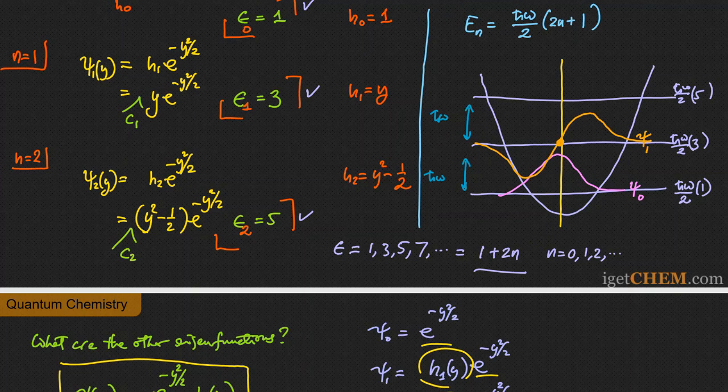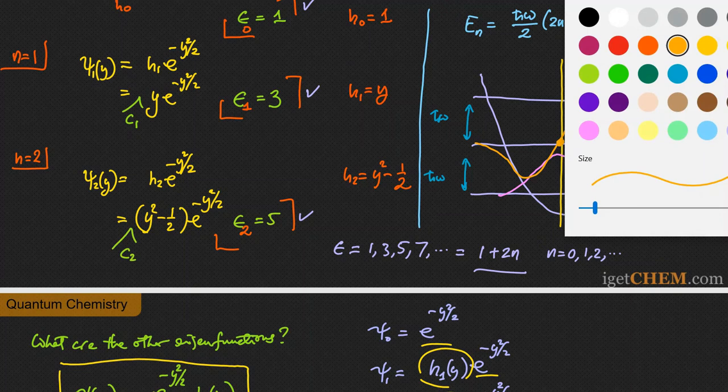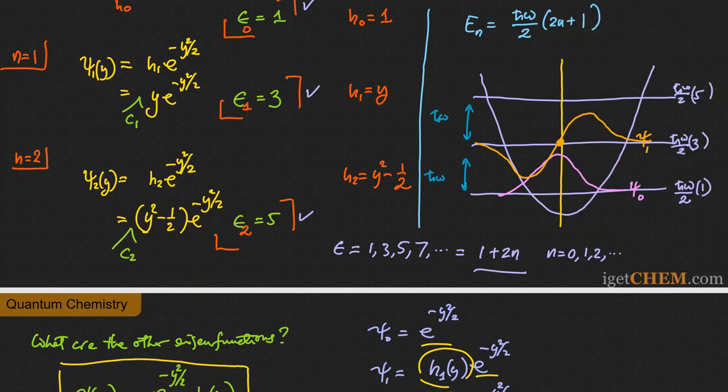And finally, I have psi 2, which is y squared minus 1/2 times the Gaussian. So you see that y squared minus 1/2 would have to cross 0 two times. So there are 2 roots. And as a result, this next function would have 2 nodes.